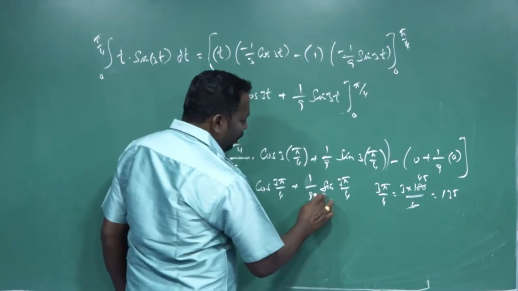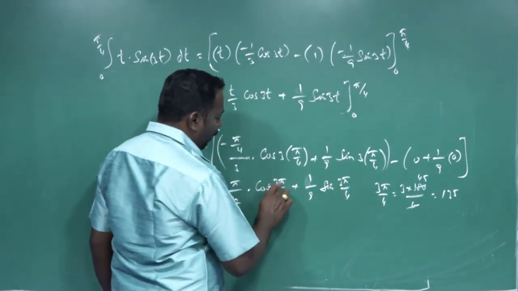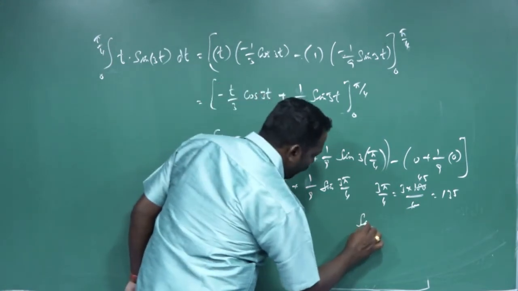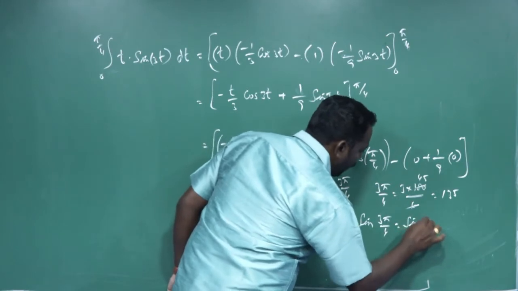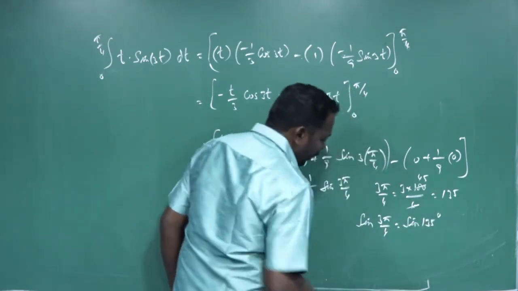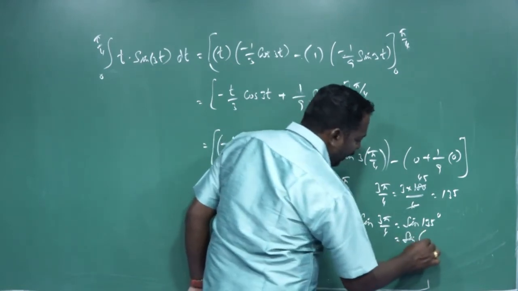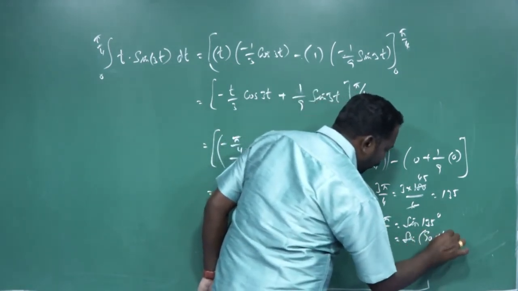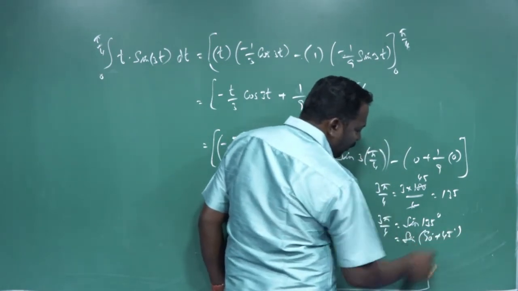Therefore we want to find out the sin 3 pi by 4 value and the cos 3 pi by 4 value. First, sin 3 pi by 4 equals sin 135 degrees. That means sin 135, you can write 135 as 90 plus 45 degrees.